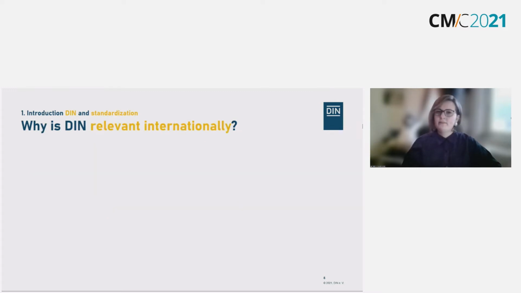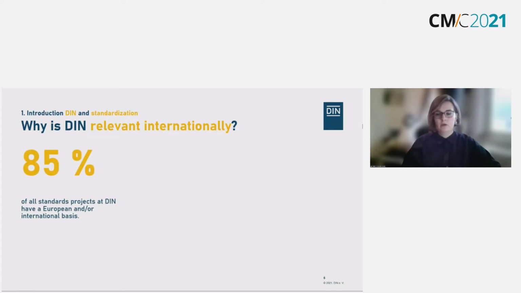So why is DIN relevant internationally as a national standardization organization? Well, one reason is that 85% of all standards at DIN are actually based on European and international standards. So DIN is one building block within the whole worldwide house of standardization.